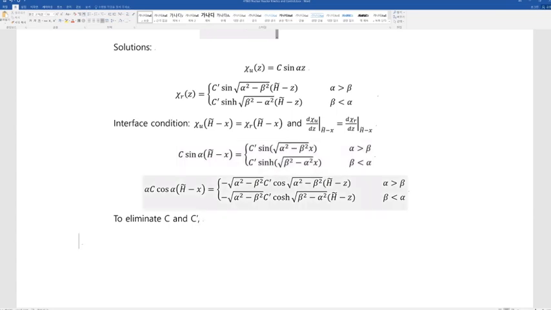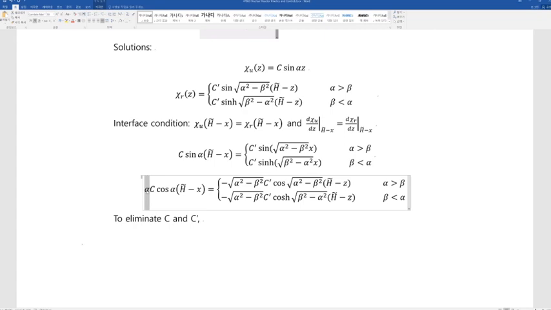If we divide the first with the second, then we are going to have a 1 over alpha term, and tangent in the left hand side.